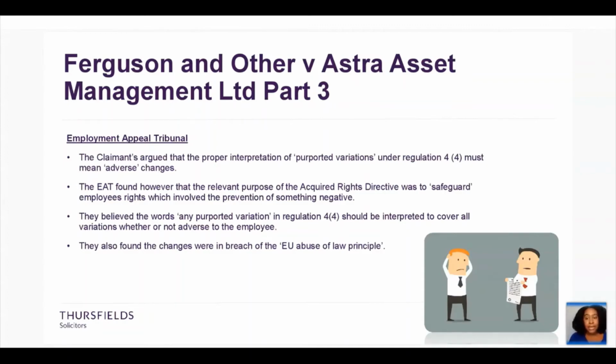They believed that the regulation should be interpreted to cover all variations, whether or not they were adverse to the employee. It was found that there are two elements that characterize abusive practices when it comes to amending and varying contracts, and they're interesting to note.